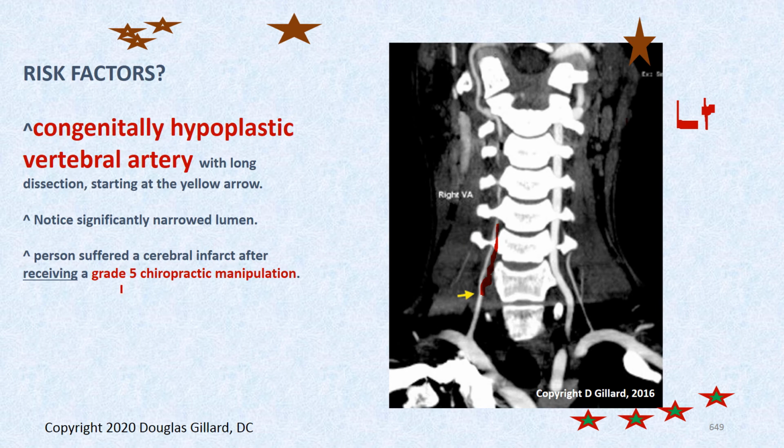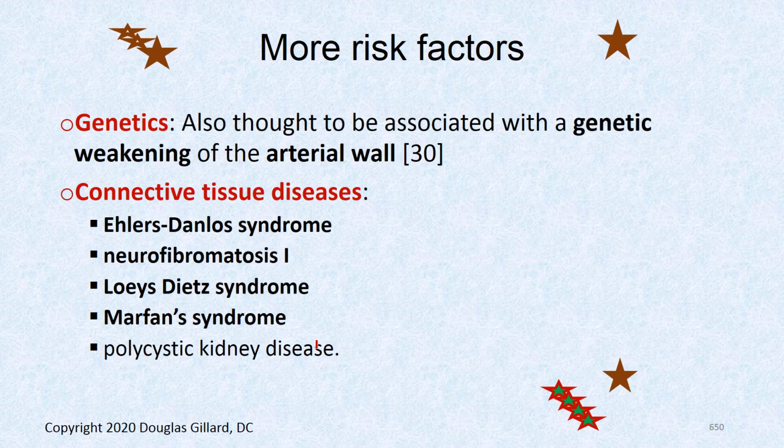And it can be not just chiropractic. I mean, it could be working overhead. There's other things that can cause it besides manipulation. But a good, strong chiropractic manipulation, in my opinion, is enough force to certainly jar loose a piece of plaque and send a bomb flying up here. And that's what happened to the patient. Had a stroke because of that. Sad tale. There's more to the story, but I won't go into that.